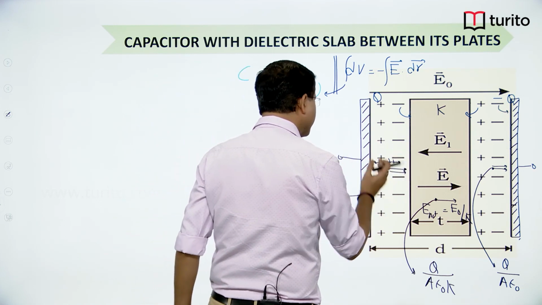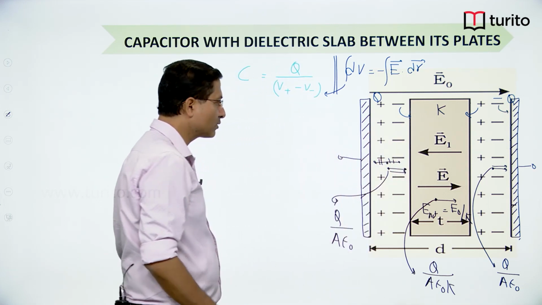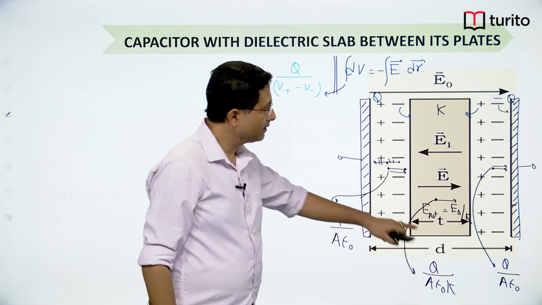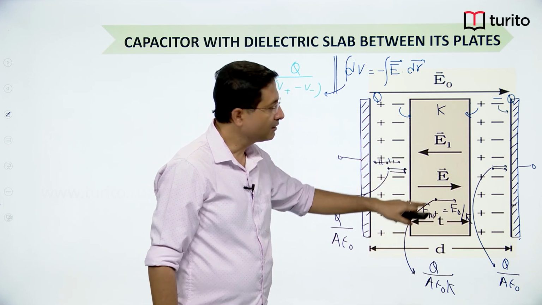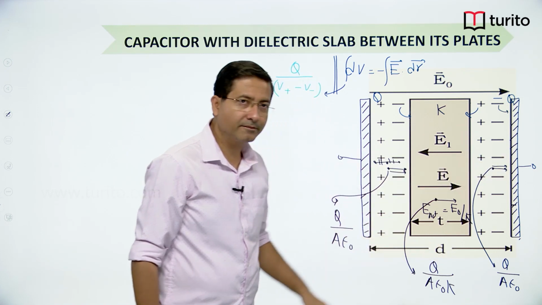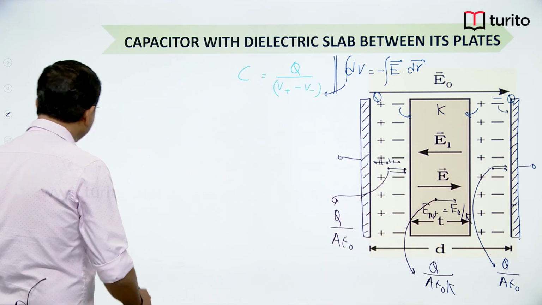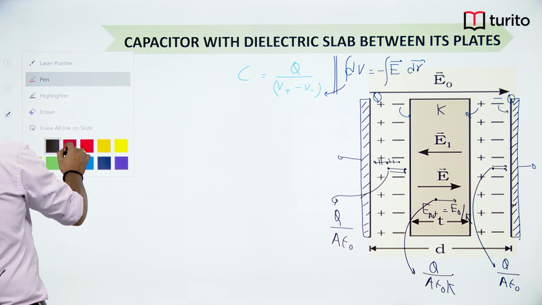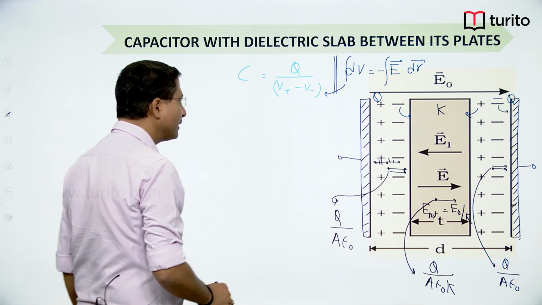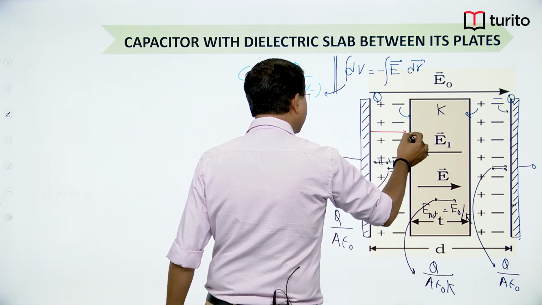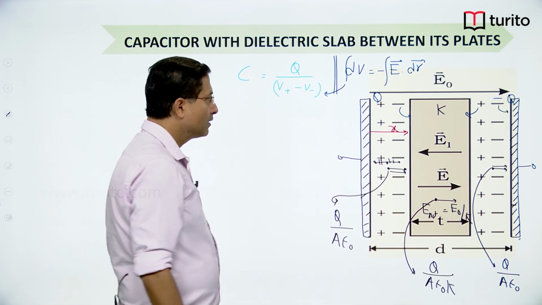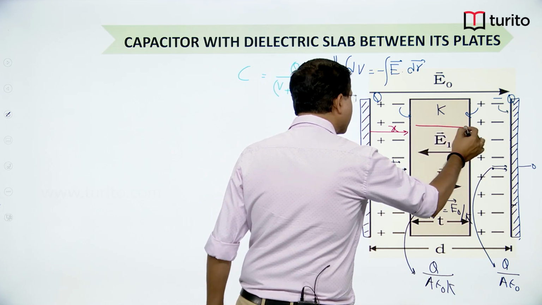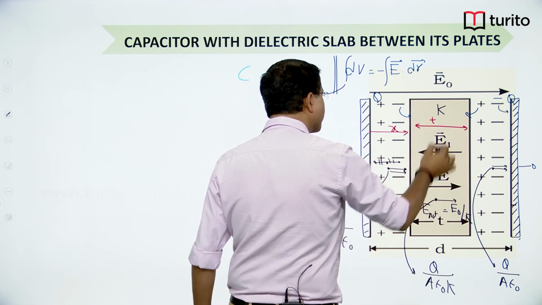Let the dielectric be placed at some distance x; the total is d, this is x, and this thickness is given as t. The remaining I can find out from geometry. We are placing the dielectric at distance x, and only this thickness is t.